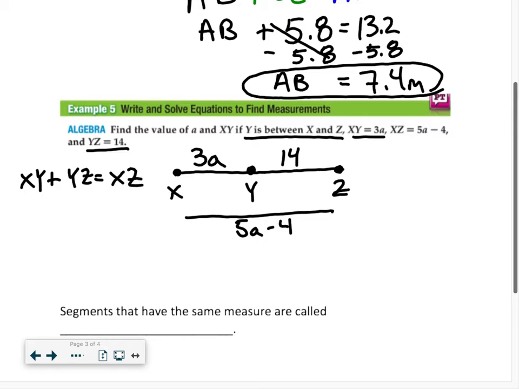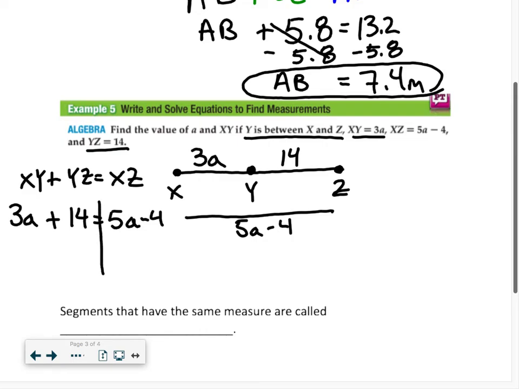So we're just substituting. XY we were told was 3a. So XY plus YZ, which is 14, is equal to XZ, which was the whole segment, 5a minus 4. And we just want to solve this equation for a.